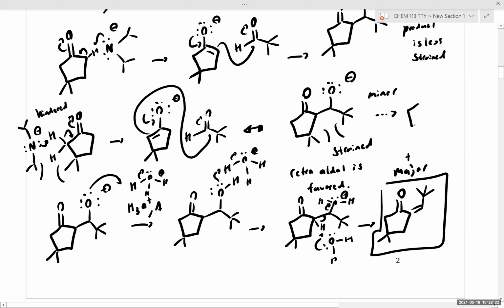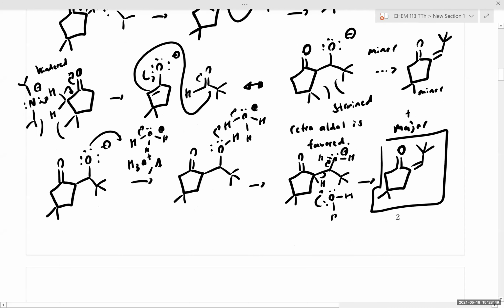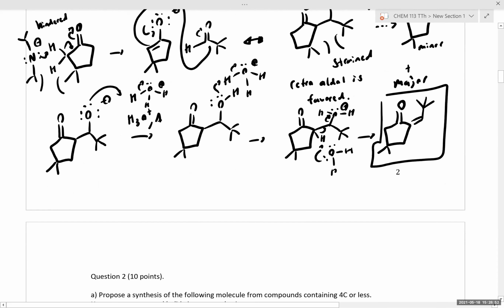The minor aldol dehydration product would look like this. It's the opposite regioisomer, and this is not observed. To explain why this is not observed, let's show what would happen even if we generated the minor beta hydroxyketone.